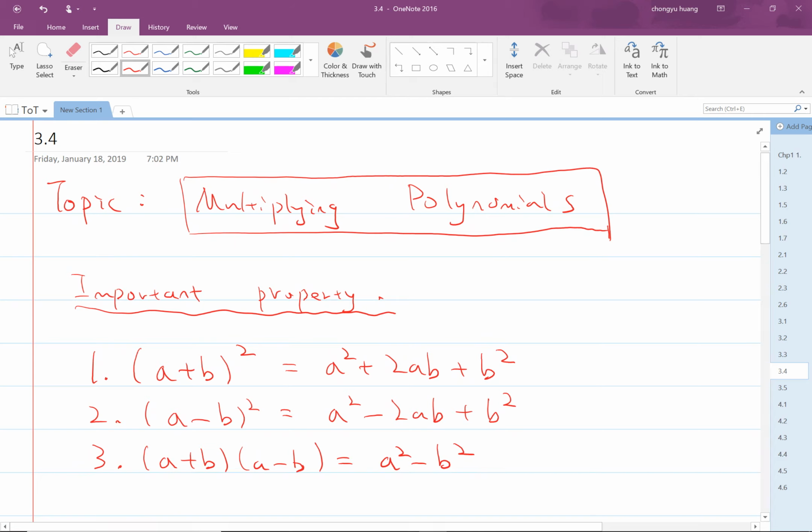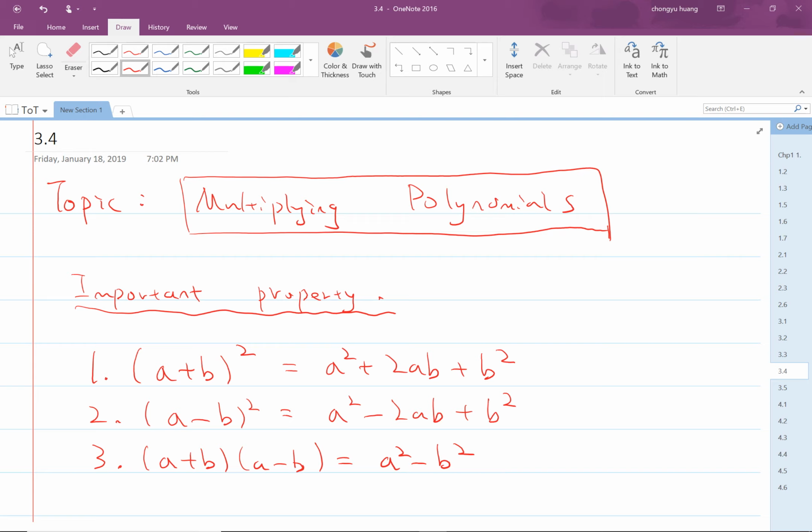The first one is (a plus b) to the power 2, which is equal to a squared plus 2ab plus b squared. So that's property 1.